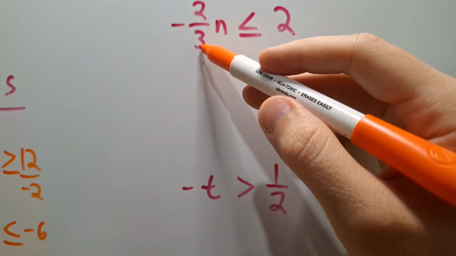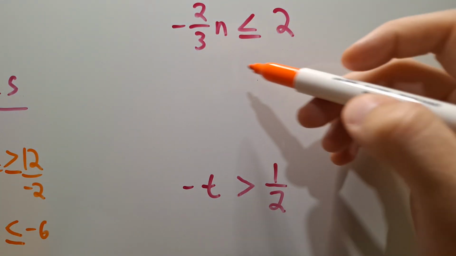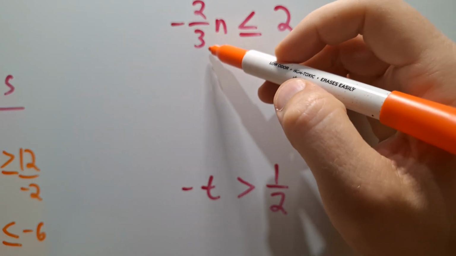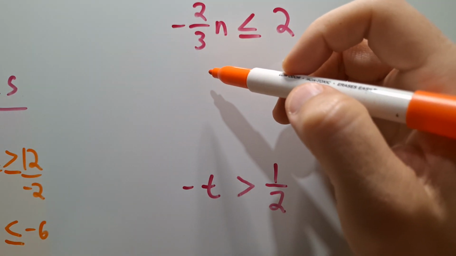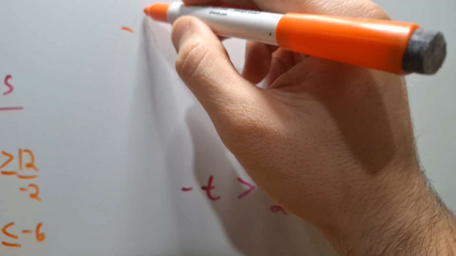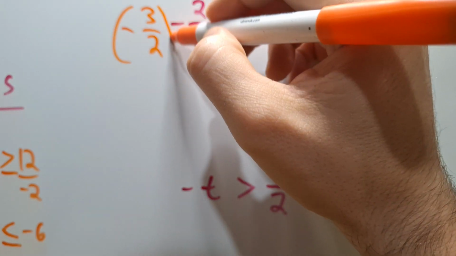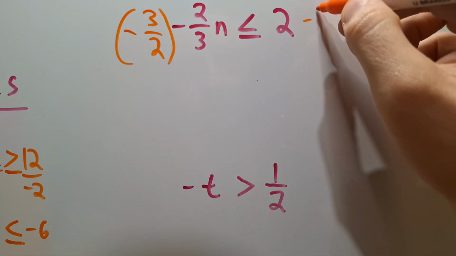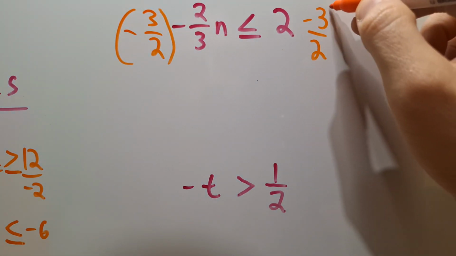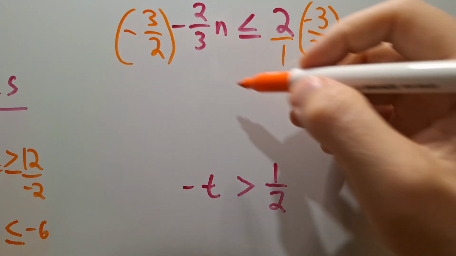Negative 2 over 3, n, is less than or equal to 2. This coefficient not only is negative, but is a fraction, so what we're going to do is multiply by its negative reciprocal, which would be negative 3 halves, or negative 3 over 2. And to make this easier, I'll change this to 2 over 1.